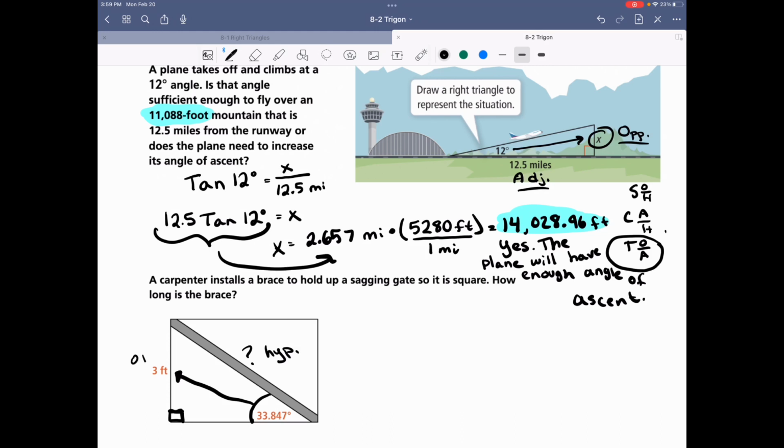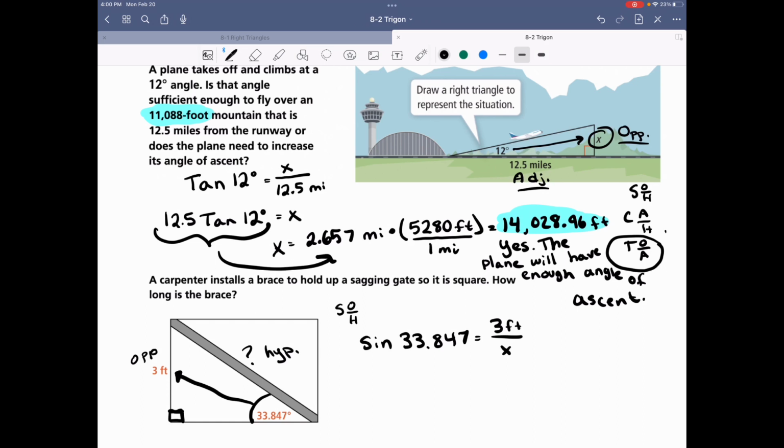Yeah, it's opposite. So which of our trigonometric ratios is opposite and hypotenuse? I can stop there because that's opposite and hypotenuse. We're going to use the sine of that angle is going to be equal to the opposite, which is 3 feet, over the hypotenuse, which we're looking for.